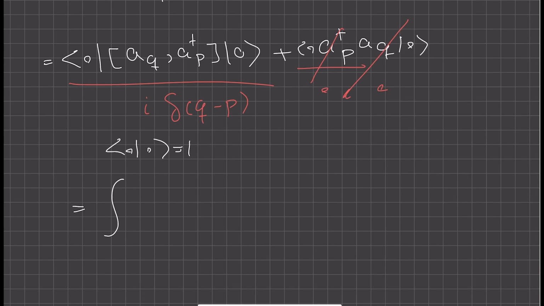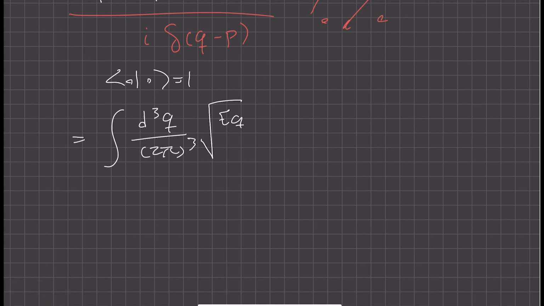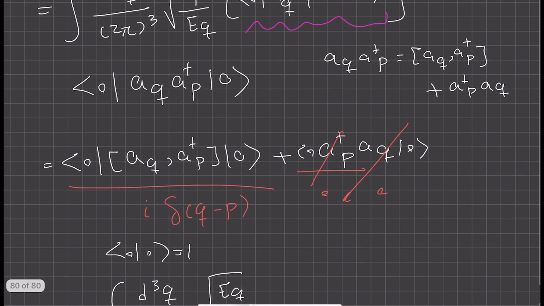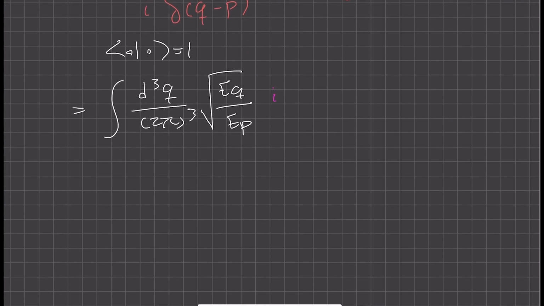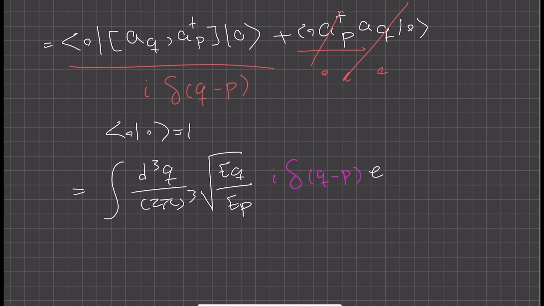So I have d³q over (2π)³, and then I have these energy terms E_q, E_p, and then this magenta part turns into i delta of q minus p, times exponential of i q dot x.